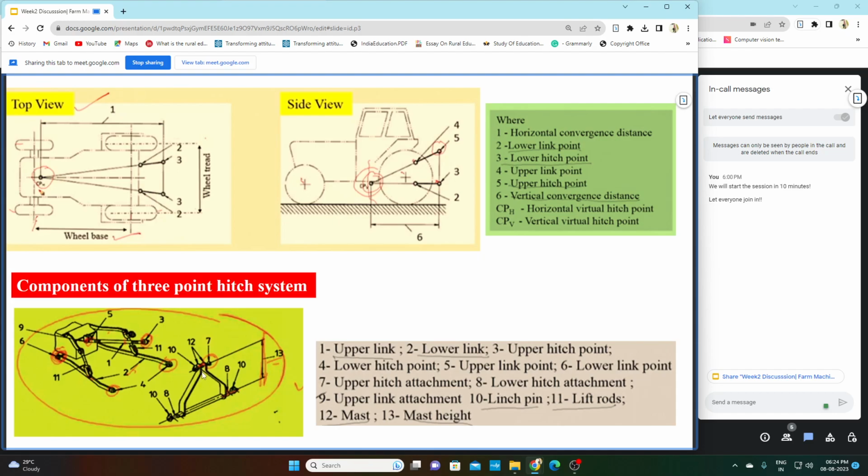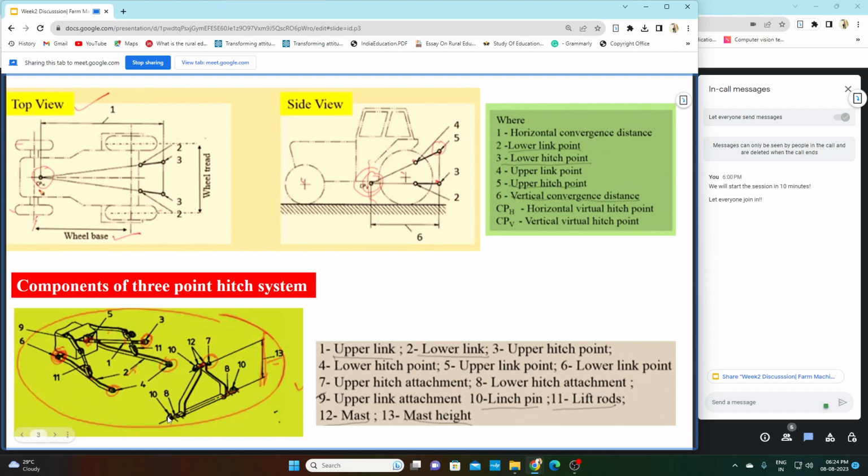Seven is the upper hitch attachment. We take this hitch attachment, connect it with this link point, and when it is linked, we connect the mast. By this we connect the top link. Similarly, we connect the lower link by linch pins.